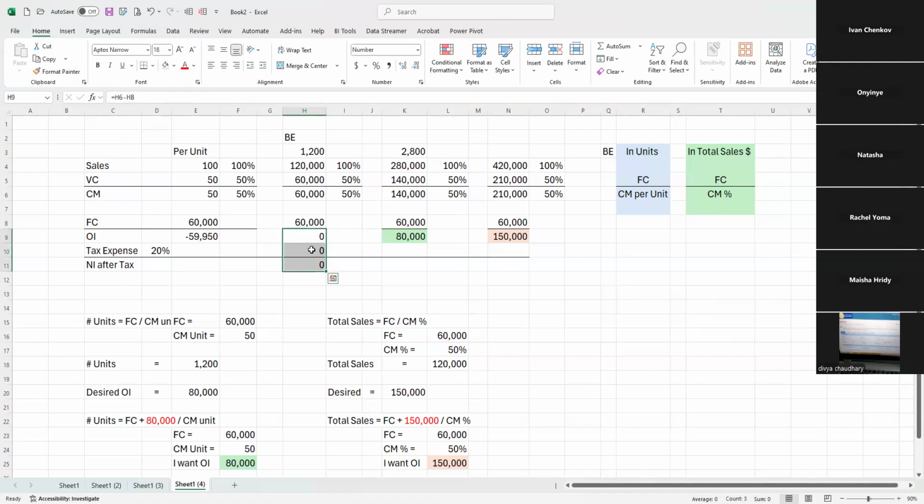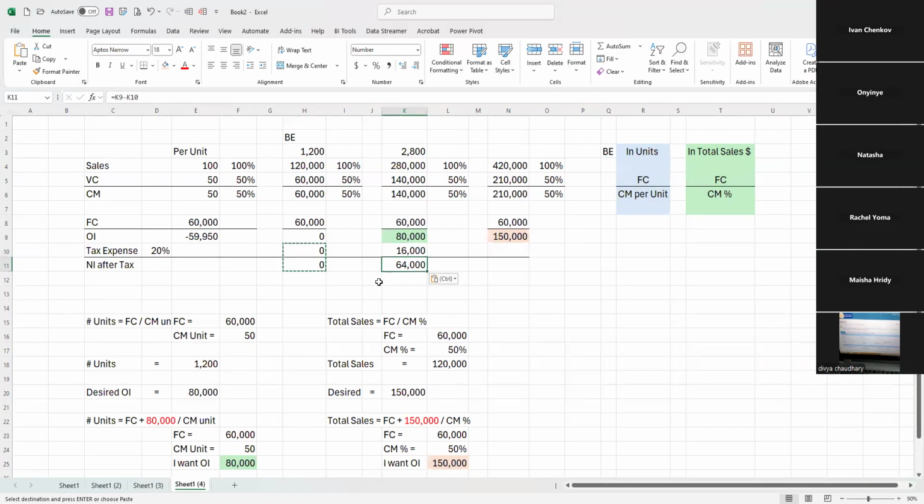Now, what's going to happen if I'm generating income of 80,000? Now I have to pay taxes, right? Are you guys with me? I have to pay taxes, which is 20% of 80,000, that's 16,000.